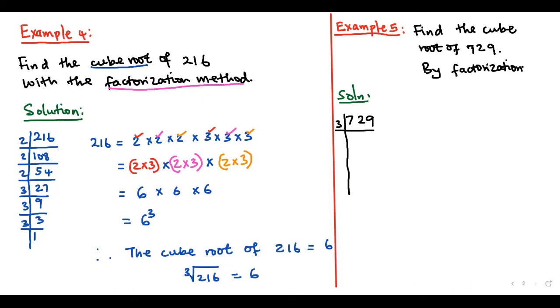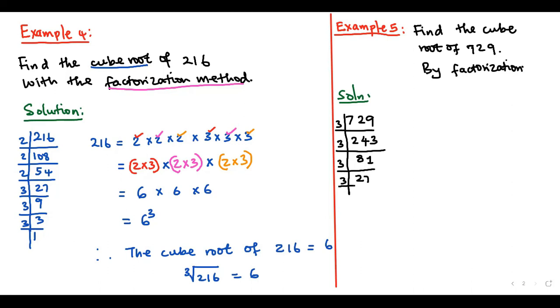So if we divide this by 3, we will get 243. If we divide 243 by 3, we will get 81. And then we divide 81 by 3, we will get 27.